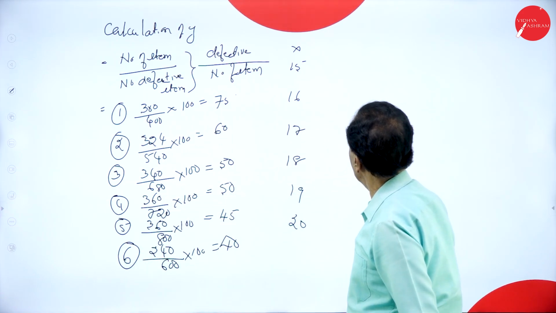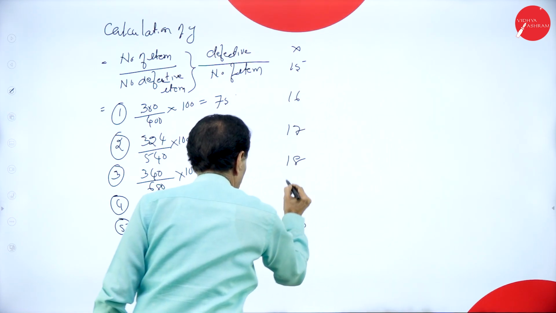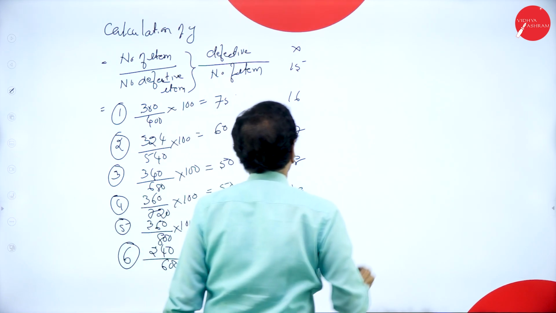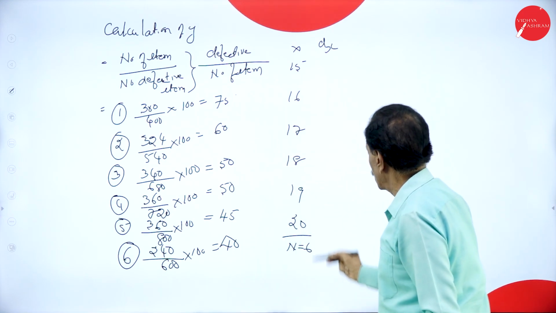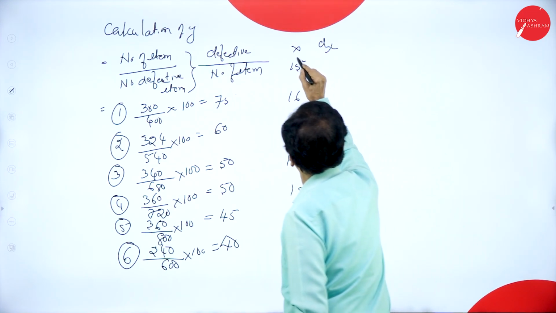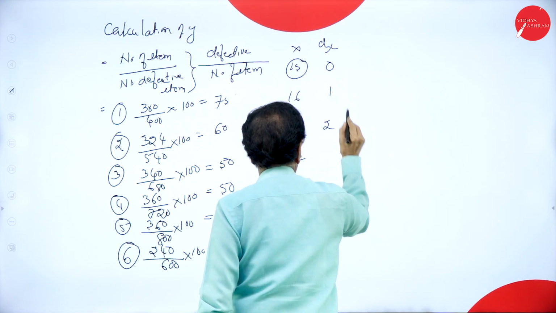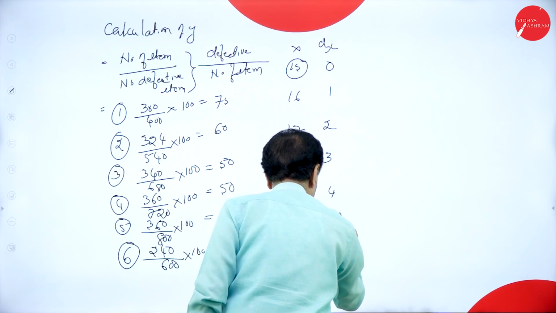The lowest is your dx. N is equal to 6. Then dx, which is the lowest one here, 15 is equal to 0, then 1, 2, 3, 4, 5.